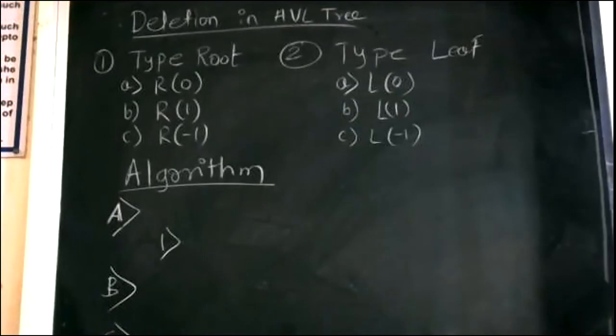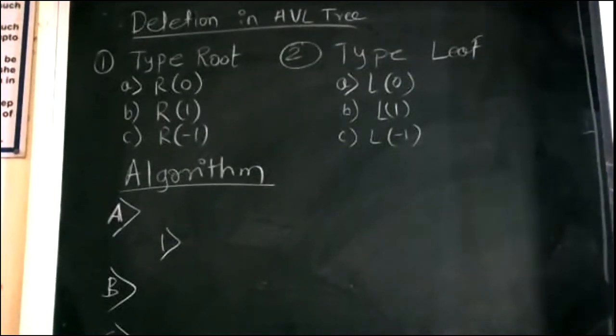If the deleted node is from the left subtree of A, then it is called type L deletion, or left deletion. Otherwise, it is called type right deletion.